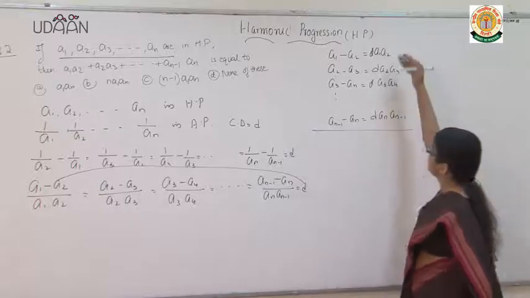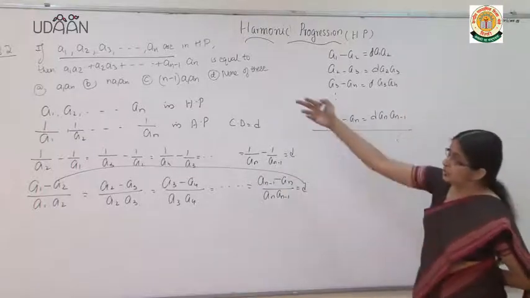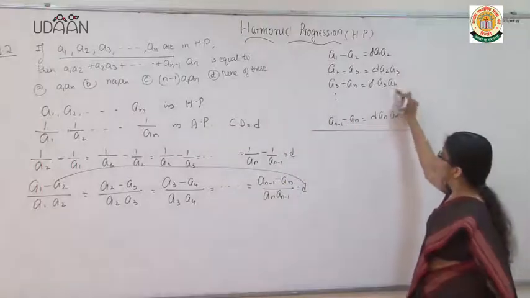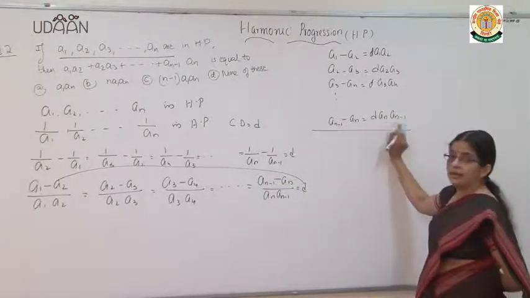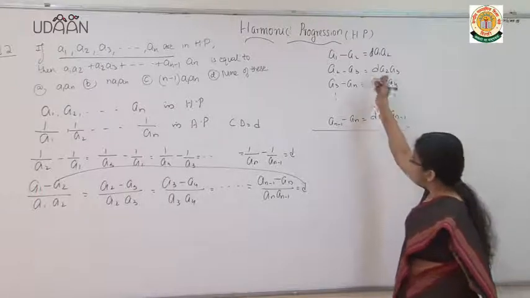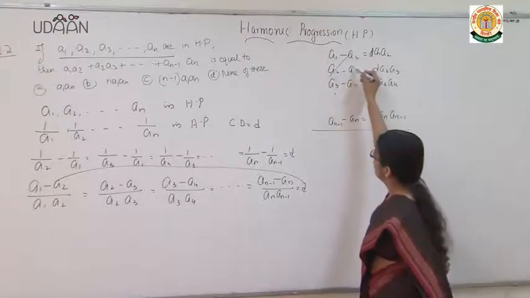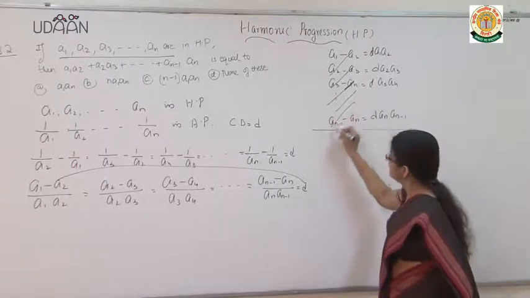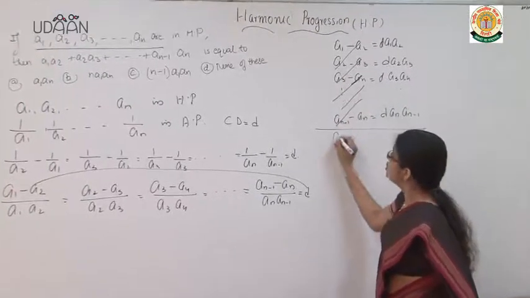We have a set of equations from which we have to find the value of A1 A2 plus A2 A3 plus A3 A4 etc. An minus 1 An. I am going to add these equations. See how the terms cancel. What will be left on LHS?